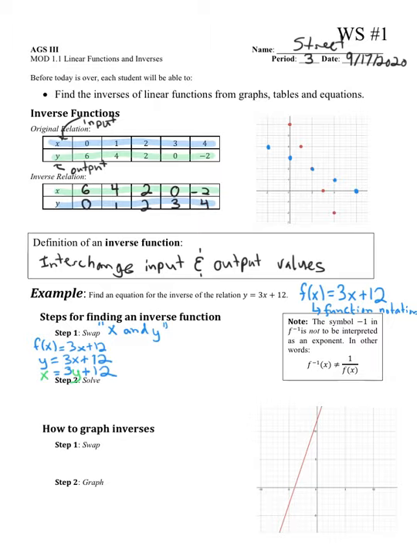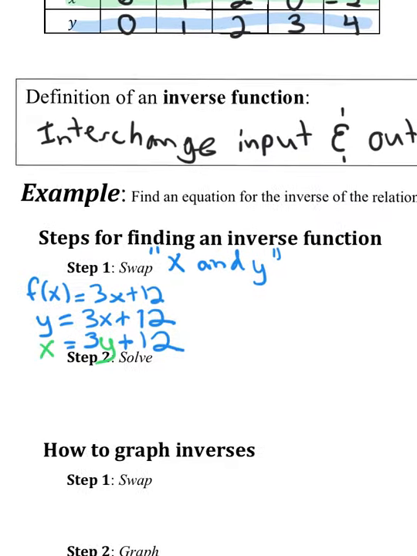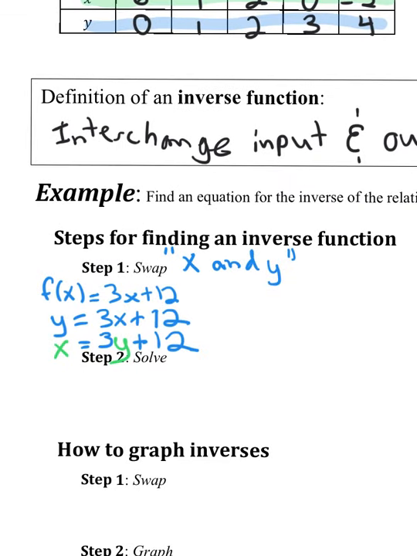And then the second part is to solve. I'm going to zoom in a little bit here. So now I have this new equation, x equals 3y plus 12. I'm going to solve specifically for y. So I just need to get y by itself. And it's a simple algebraic equation at this point.